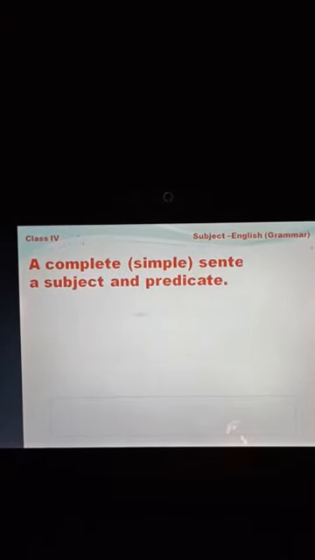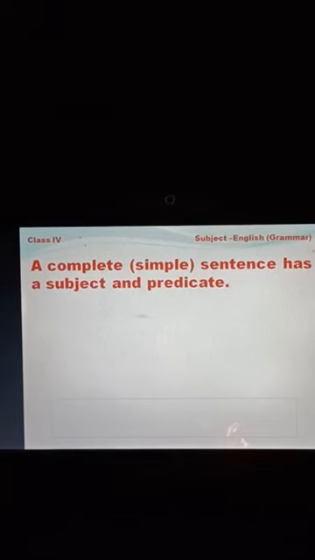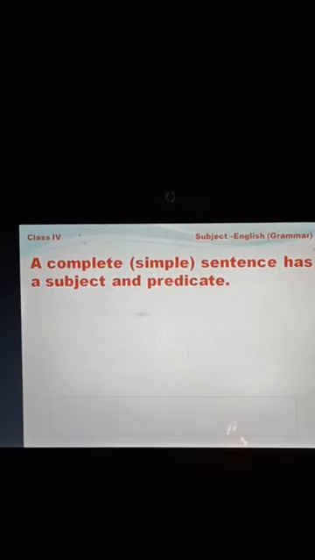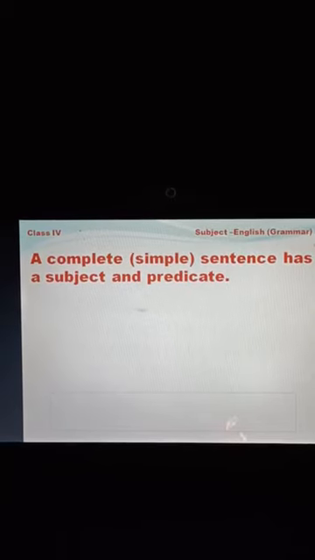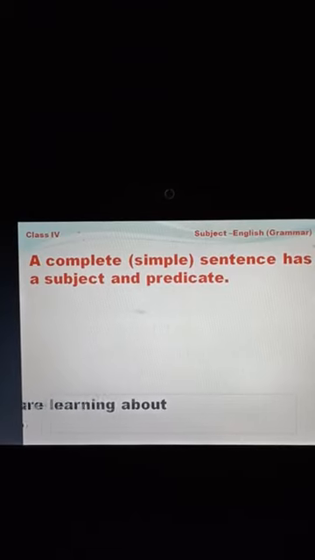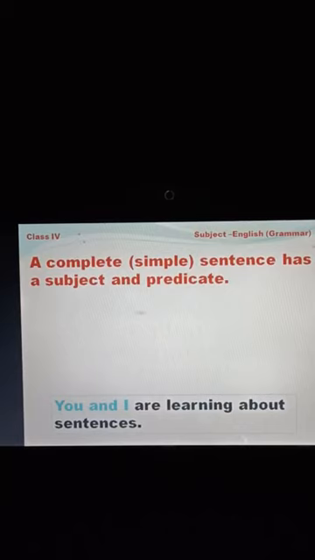So we will proceed. A complete simple sentence has a subject and a predicate. We bifurcate, or you can say divide, a sentence into two parts, that is subject and predicate. Suppose we have a sentence, you and I are learning about sentences.